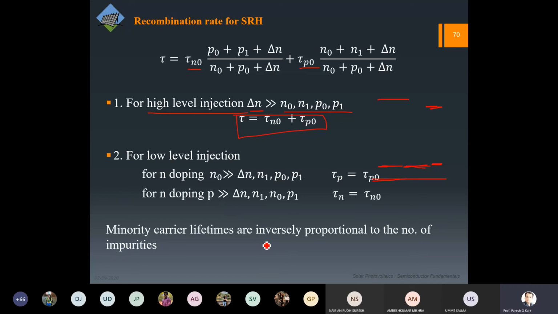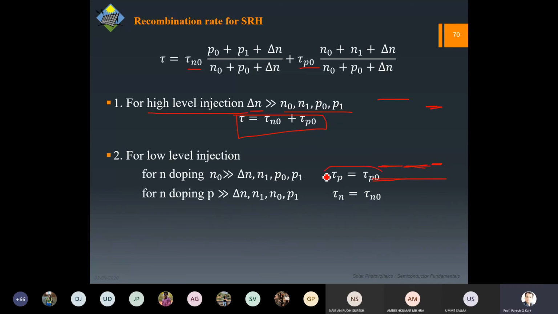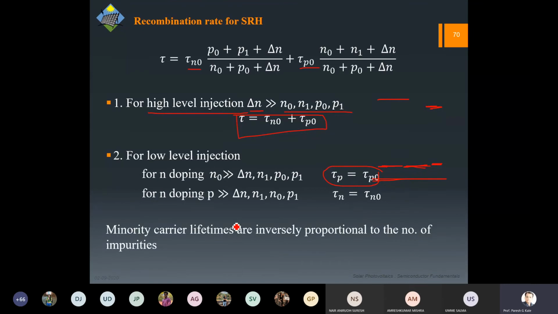So this becomes a comparison, and it will be dominated by the type of doping you are talking about. The point is, depending upon the level of injection, meaning the level of doping, your recombination is going to happen.